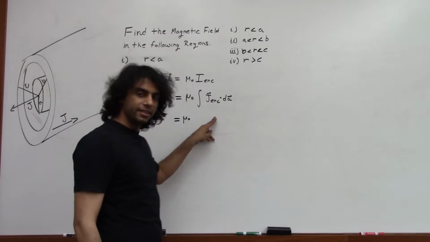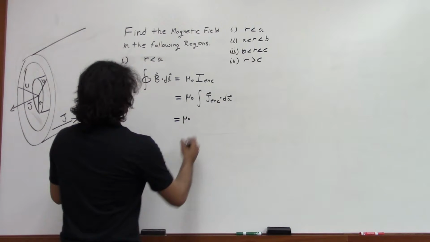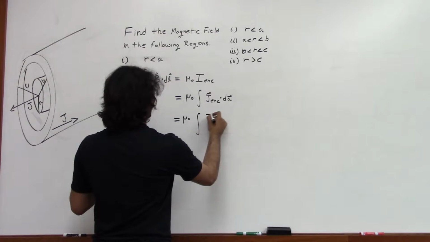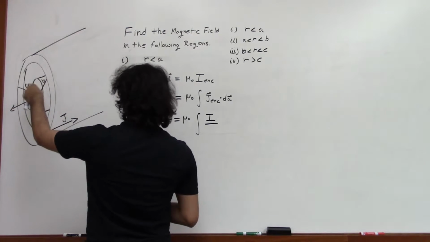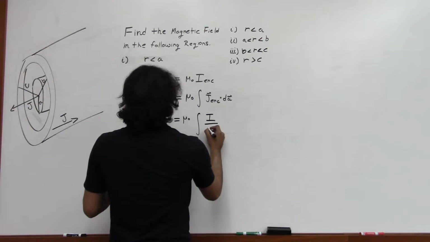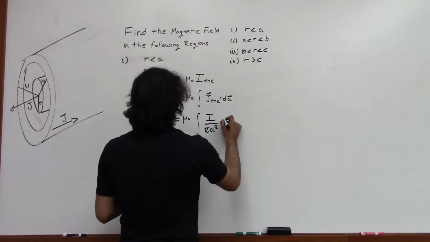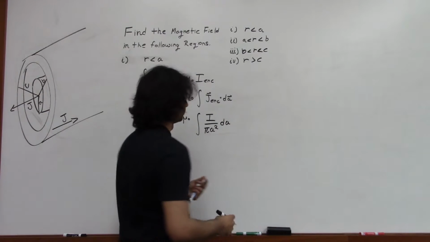Now the current density is defined as the current over the area. In this very specific case, the current is just I, and the area is going to be of this circle. That's just pi a squared. And I still have my differential area that I need to integrate over.